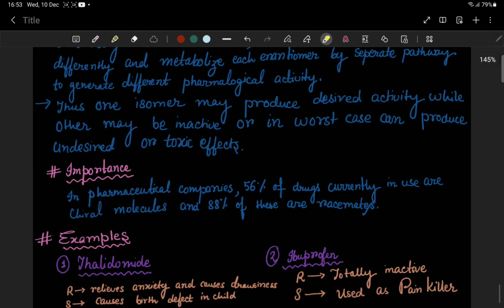Thus one isomer may produce the desired activity while the other may become inactive, or in the worst case scenario, as I told you in my lecture 1 about the thalidomide disaster, it can produce undesirable or toxic effects in the body.